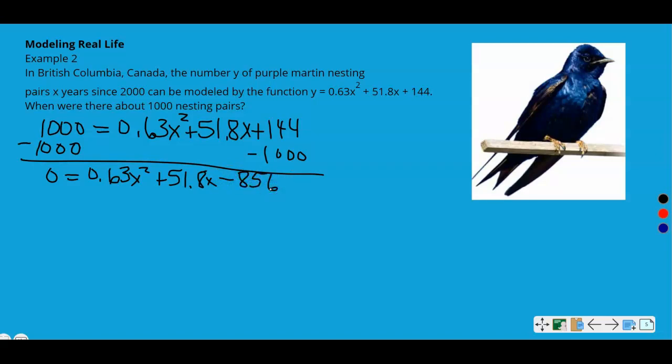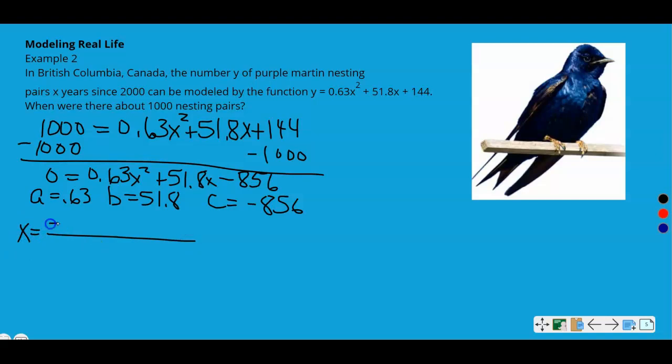All right, so now that it's in standard form, we can determine our A, our B, and our C. Now we just need to plug it into the quadratic formula like before and solve.